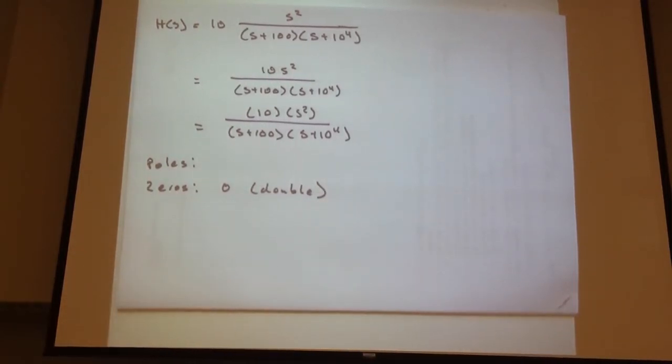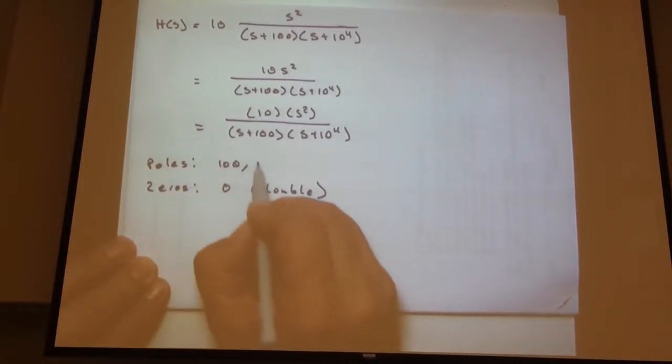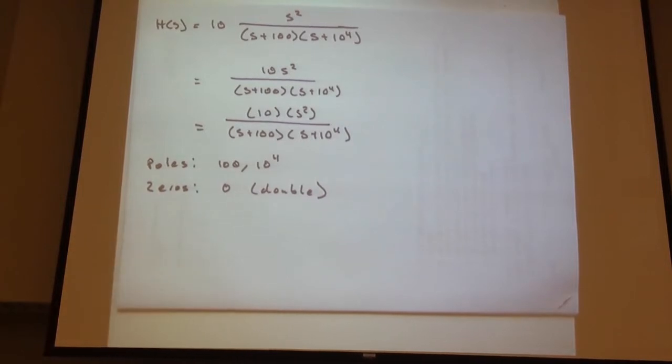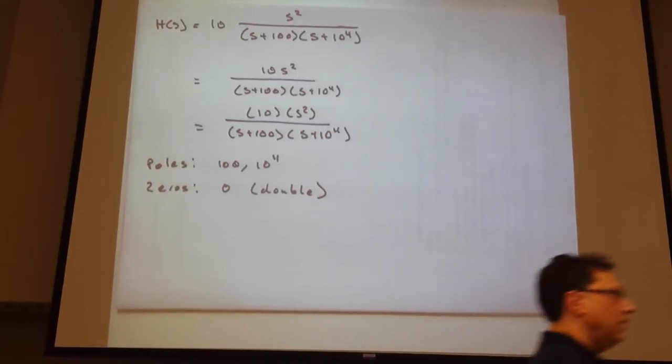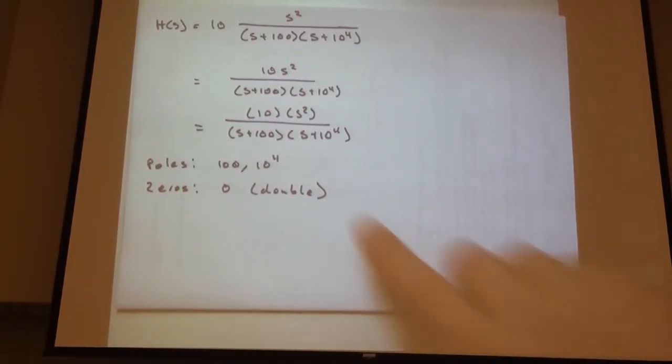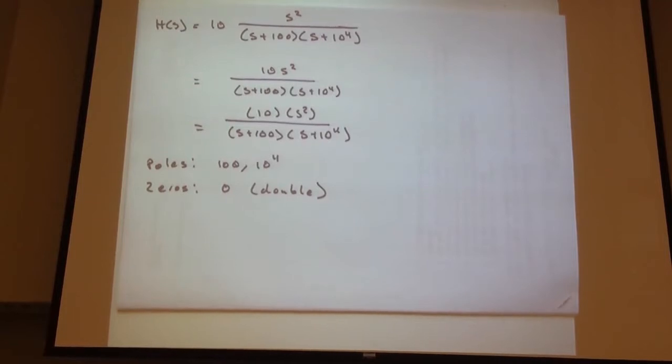A double 0. And then we have a pole at 100, or 10 to the 2, and 10 to the 4. And so the poles aren't any issue here, but the zeros introduce kind of a new complexity in some sense. As we define our regions, what are our regions?